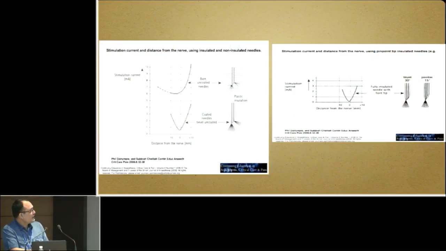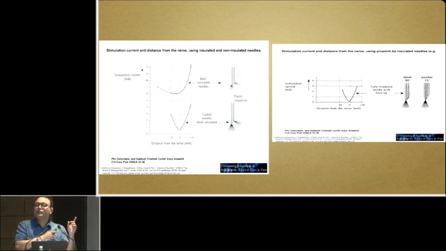Now previously the needle was not coated. You see, this whole needle is not coated, but nowadays we are using a coated needle. If you use an uncoated needle, the whole shaft disperses the electricity and it requires a larger current to stimulate the nerve, number one. And sometimes you pass the nerve and only then will you get the twitches from the shaft.